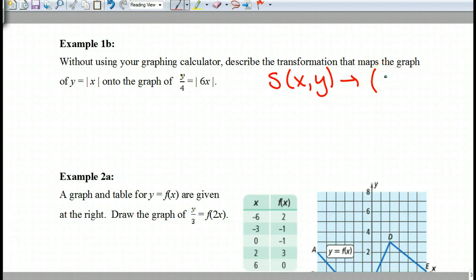What happens to my x's? And what happens to my y's? 4y.